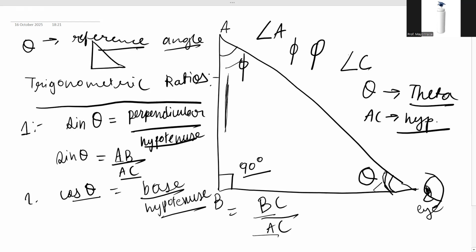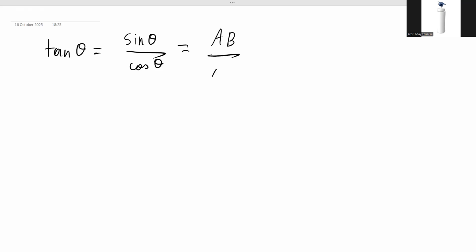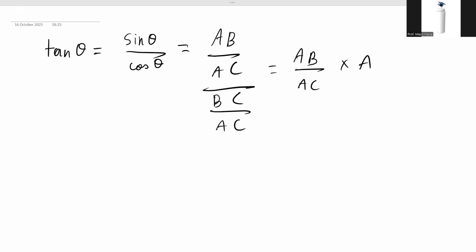Now, we will be moving forward to the next ratio, which is tan theta. Tan theta can be simplified into a side-by-side ratio, but the fundamental definition of tan theta is sine theta by cosine theta, or we can write this as AB by AC divided by BC by AC. This can be written as AB by AC into AC by BC, with AC and AC getting canceled.